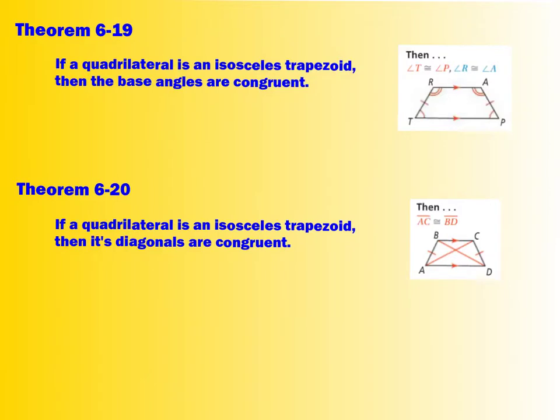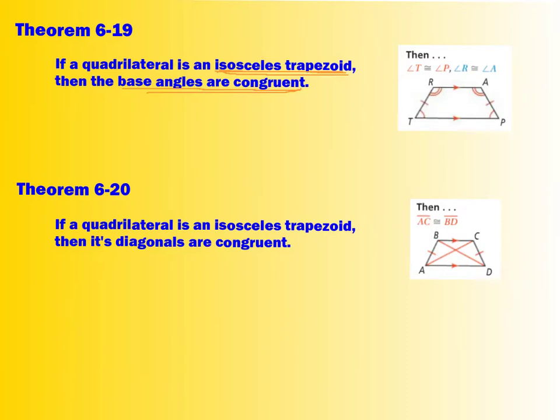So our first theorem here is Theorem 6.19, which says if the quadrilateral is an isosceles trapezoid, then the base angles are congruent. So we need to discuss what makes an isosceles trapezoid important. What makes it unique? What tells you it's an isosceles trapezoid? Well, think about an isosceles triangle.